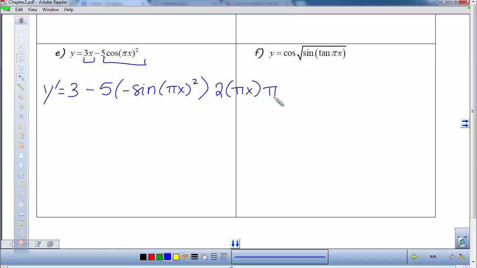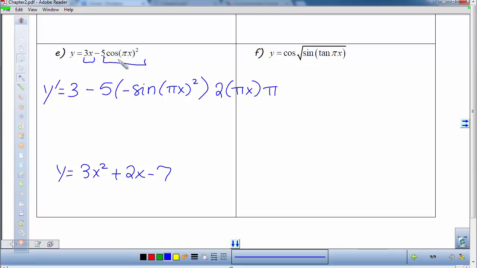If we had y equals, let's say, 3x squared plus 2x minus 7, we take the derivative of each of these terms. Here was a term, here was another term. We take the derivative of each term. This is the derivative of 3x. All of this is the derivative of 5 cosine pi x squared, because all of it wasn't all squared. That's right.